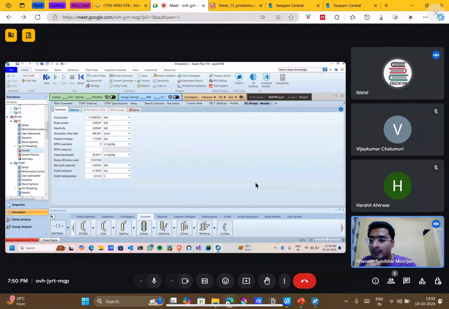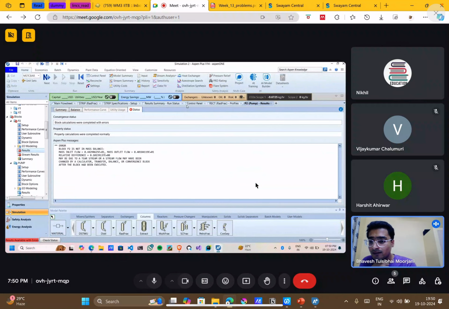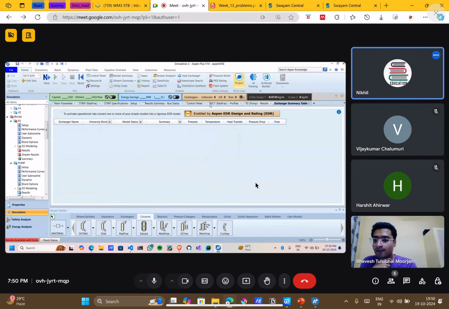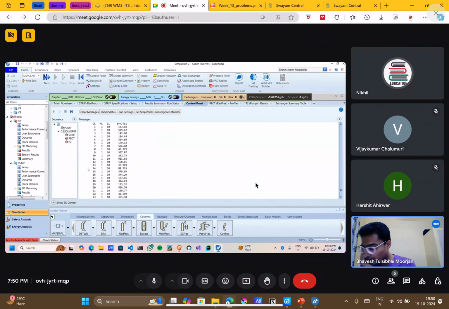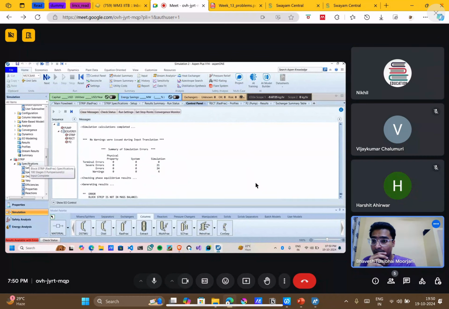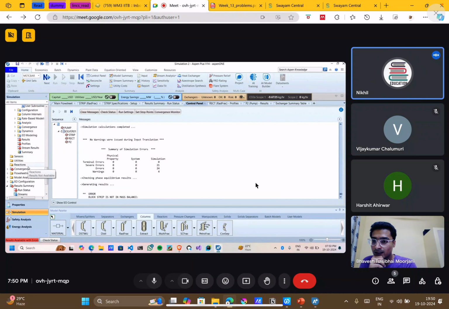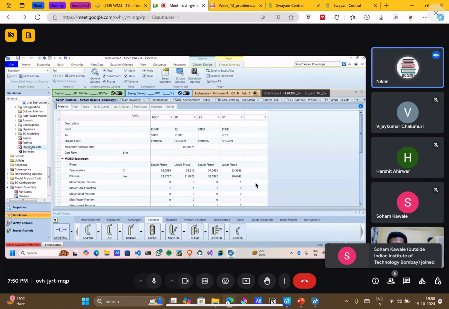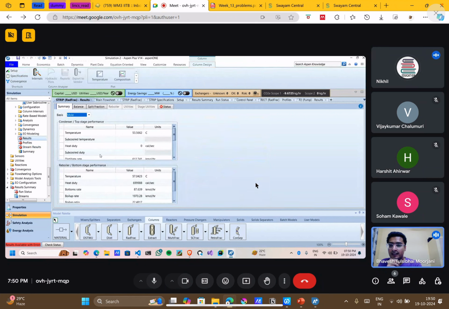Okay, and apart from B2, what other error do we have? I think the stripping column has some error now. Can you go to the results of the stripping column? Go down, see the results. No, the results part. Can you click on the results part? See the status.